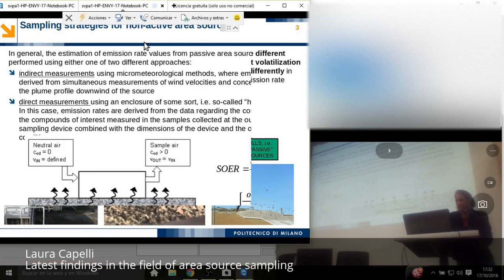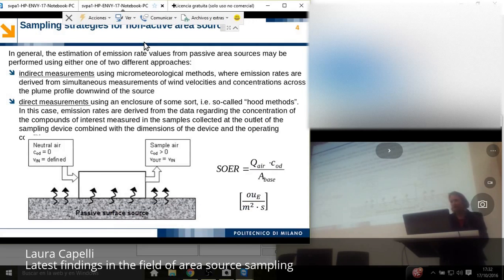In general, the estimation of emission rate values from passive area sources or from non-active area sources may be performed using either one of 2 different approaches. In literature, you can see some studies talking about indirect measurements using micrometeorological methods, where emission rates are derived from simultaneous measurements of wind velocities and concentrations across the plume profile downwind of the source.